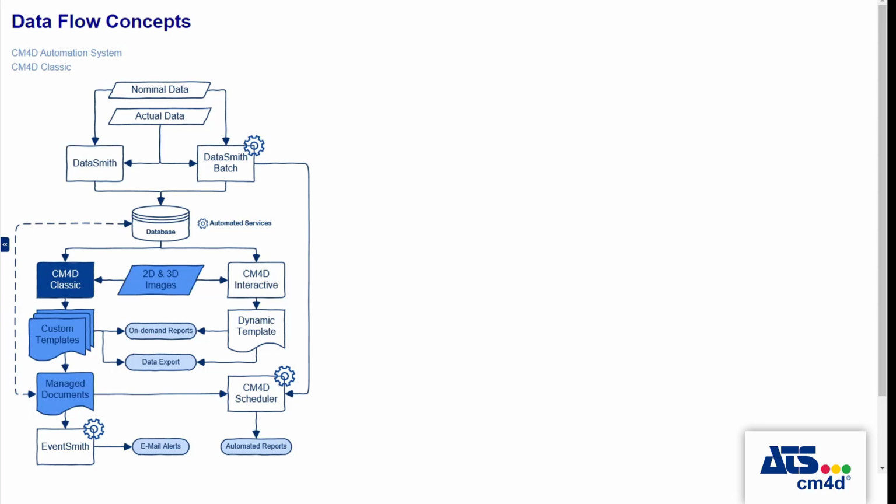The next module to consider, or the major module that we have, is CM40 Interactive. It's similar to CM40 Classic in that it's an interface where a user can make a report or view data visually for their output or dimensional analysis data. But in Interactive, special templates can be customized for whatever your customer needs dictate.